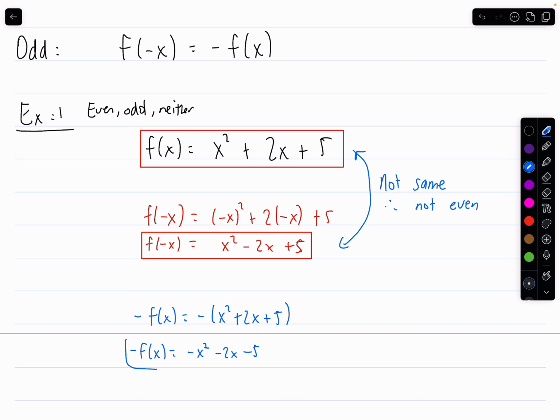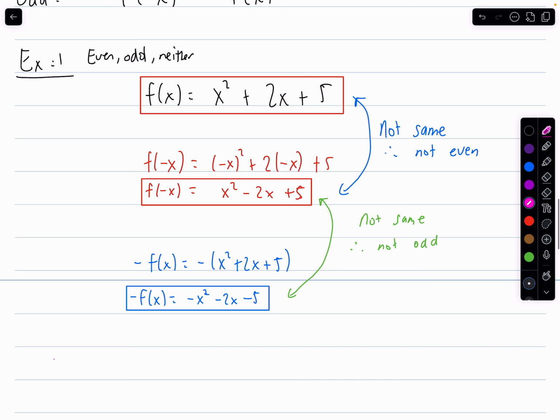And I end up with this. And I'm comparing this to f of negative x, which is this. Are these two the same? No, they're not the same. Therefore, it's not odd. If it's not even and it's not odd, therefore it is neither.